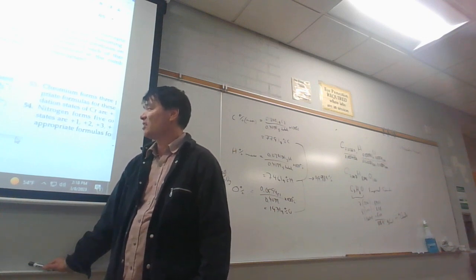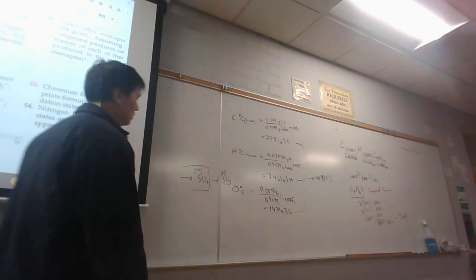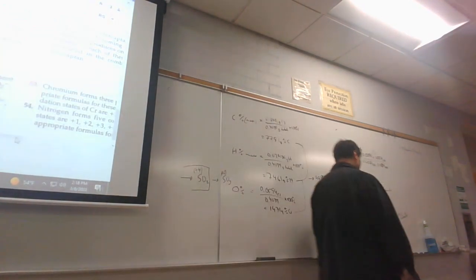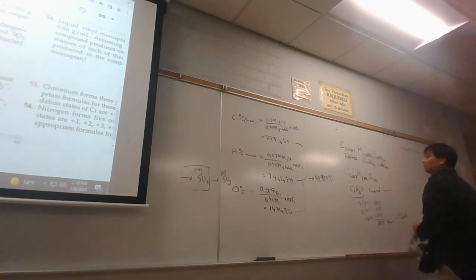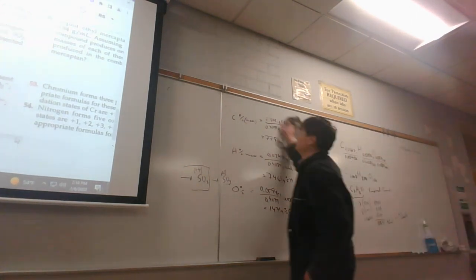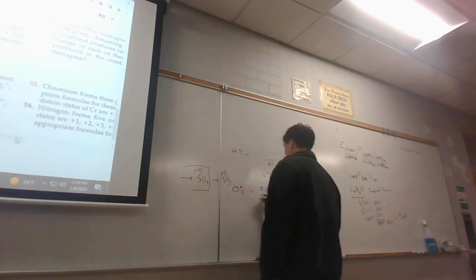On the oxidation state for sulfur, what did they get? They're getting a negative 2.5. What did they get for oxygen? I don't think they solve for oxygen. They just solve for sulfur. We're only asking for sulfur.